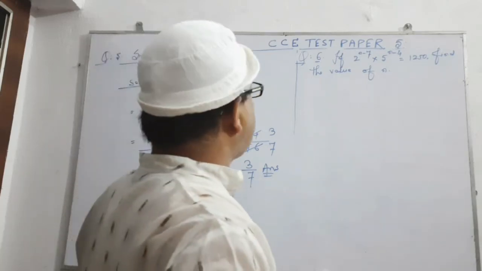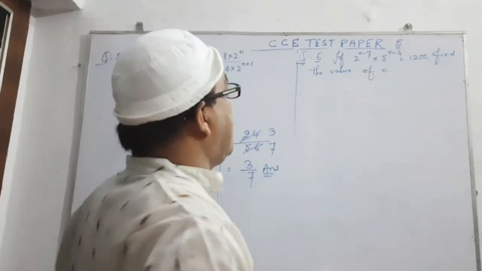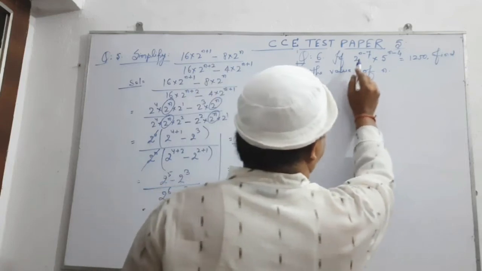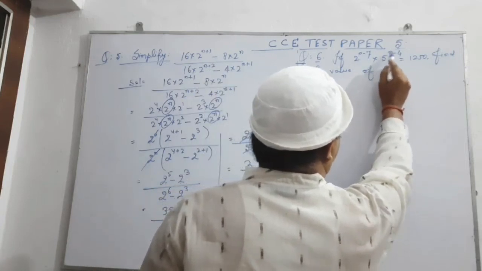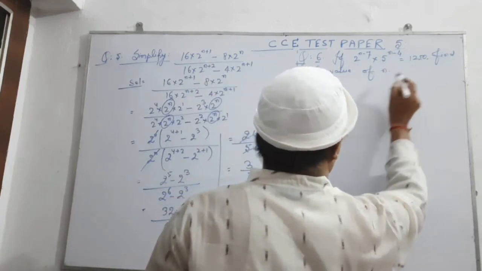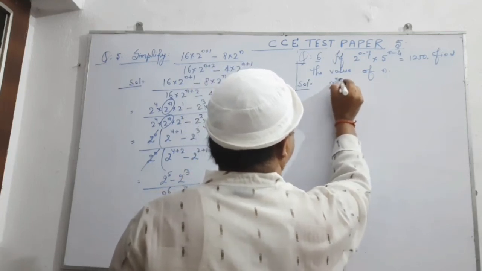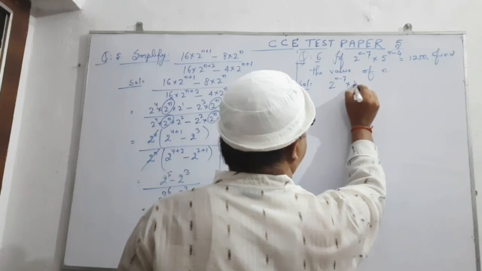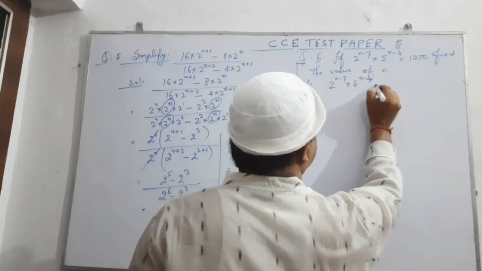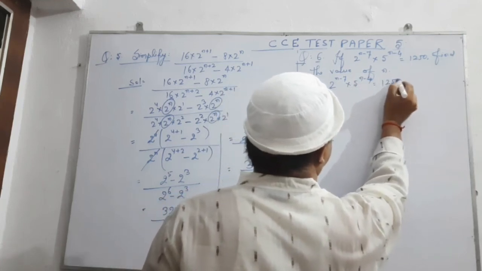After completing these questions, the last one is question number 6. If 2 to the power n minus 7 into 5 to the power n minus 4 is equal to 1250, we have 2 to the power n minus 7 into 5 to the power n minus 4 is equal to 1250.